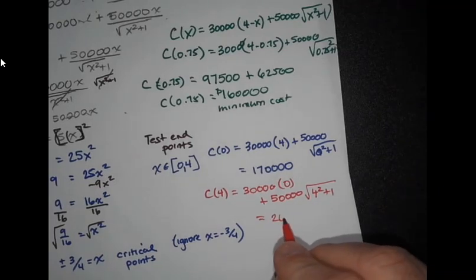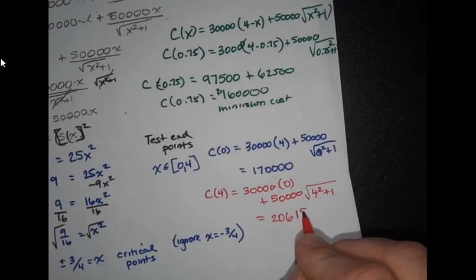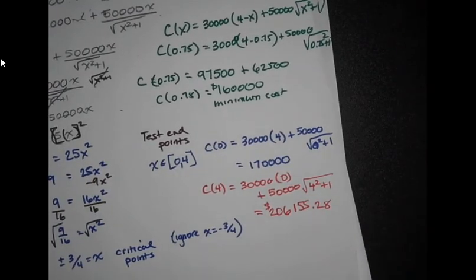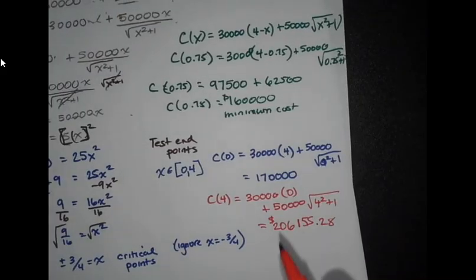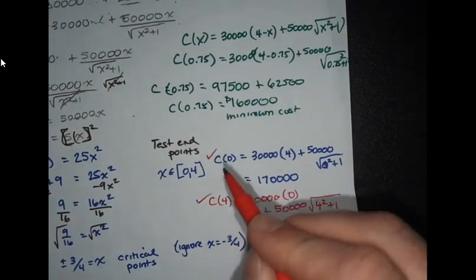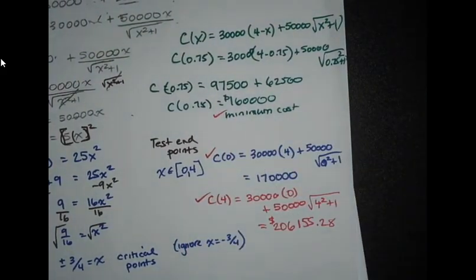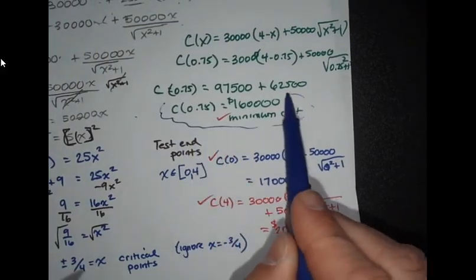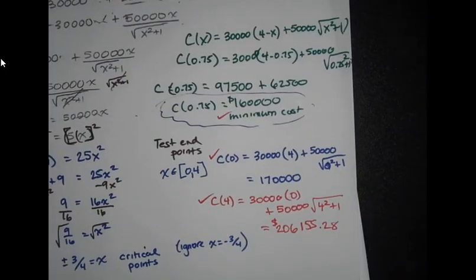You would see that that is 206,155.28. So I can put that in my calculator. So if I'm looking at this, that's my minimum cost, that's the smallest cost.